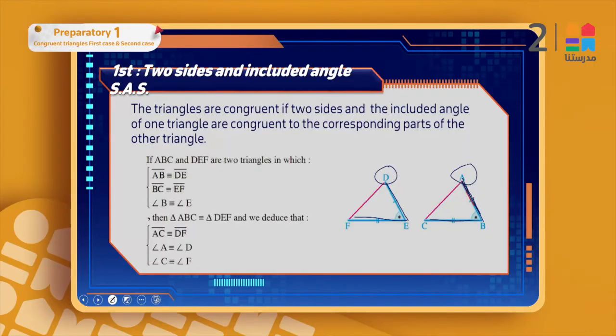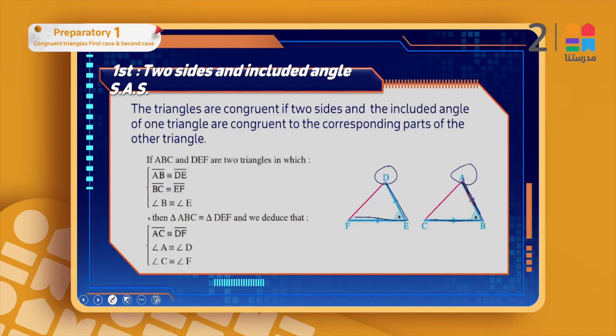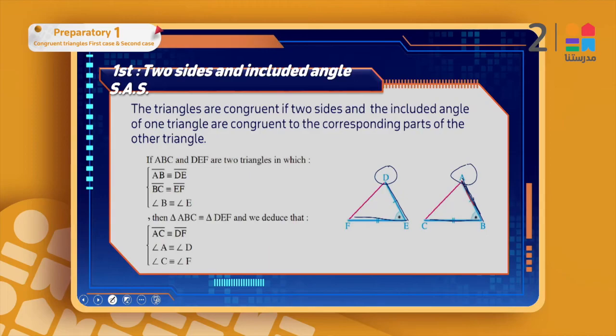So A, B, then angle, then B, C. That's why we called it SAS, side angle side. Look at the other one, D, E, F. D, E is a side, then the angle E, then the side E, F. So here we have to rename it in the same order according to the corresponding sides and angles.